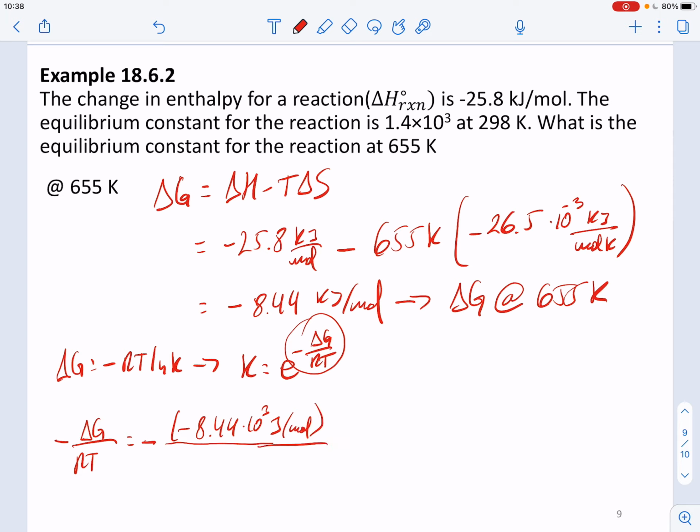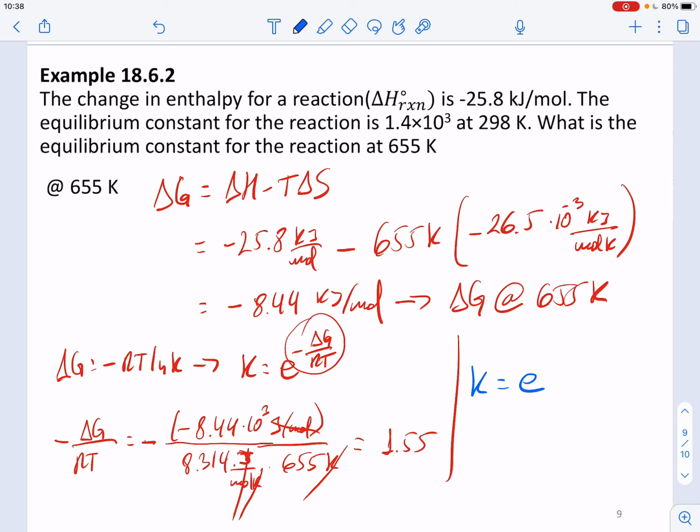And I'm doing that because down here we have 8.314 joules per mole Kelvin, times the temperature, which is now 655 Kelvin. Kelvin cancels with Kelvin, joules per mole cancel with joules per mole, and the number that we obtain here is 155. Okay? Now K is going to be E raised to the power of 155, and this is equal to 4.7.